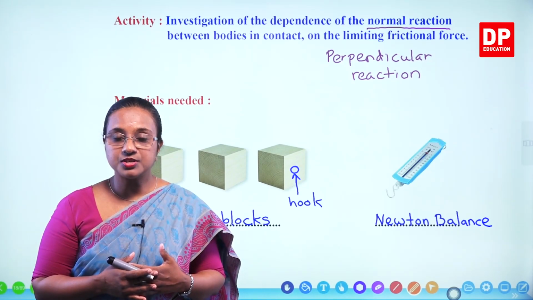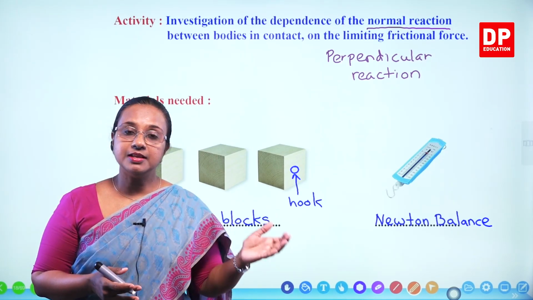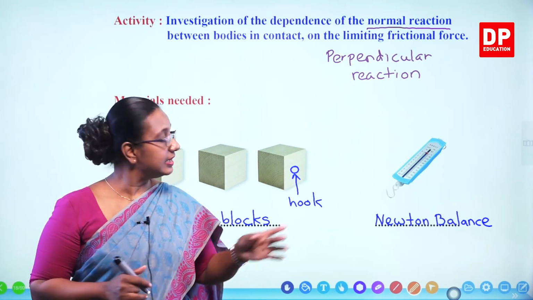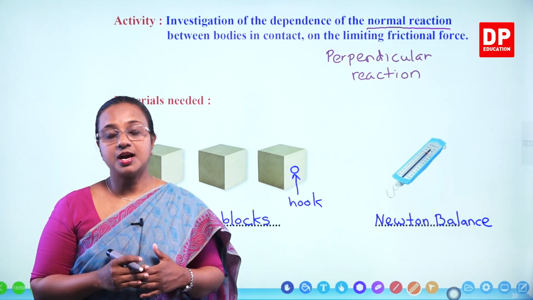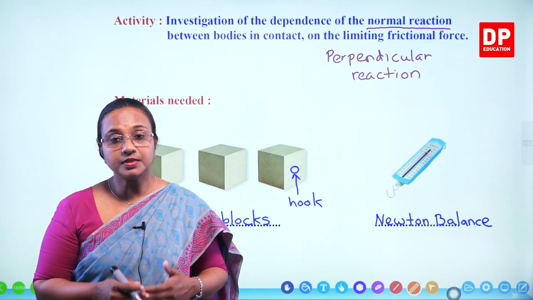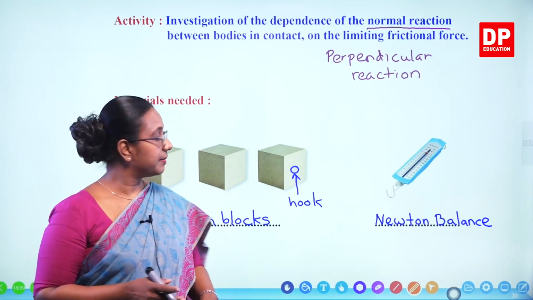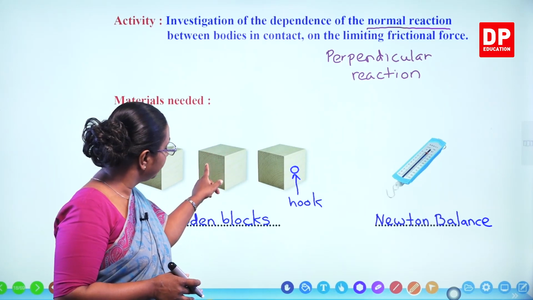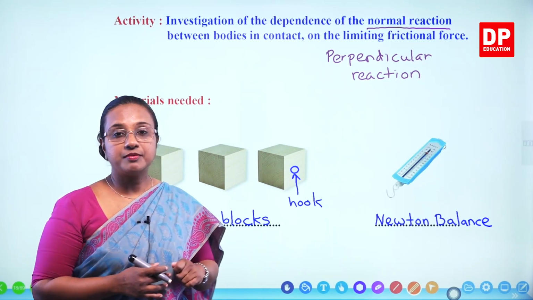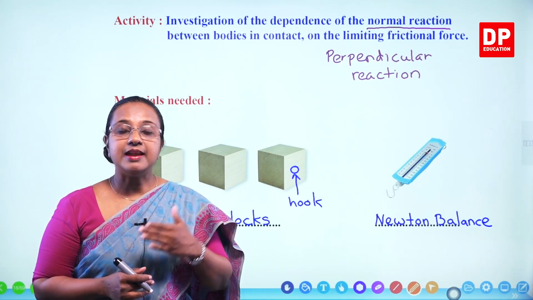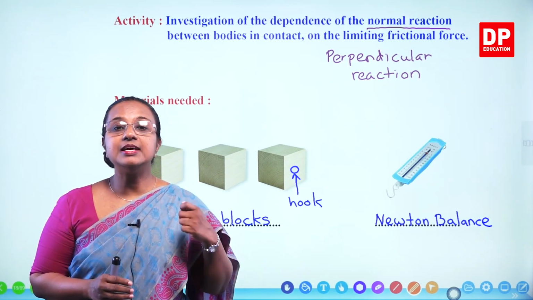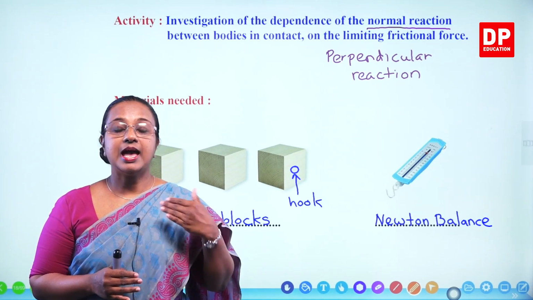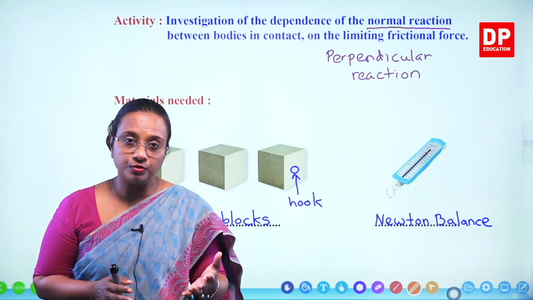Initially the block will not start to move. We increase the force and get the Newton balance reading as the block starts to move. In the second step, we place another block on top of the first block and repeat the activity. Pull the blocks and get the Newton balance reading as the block starts to move.